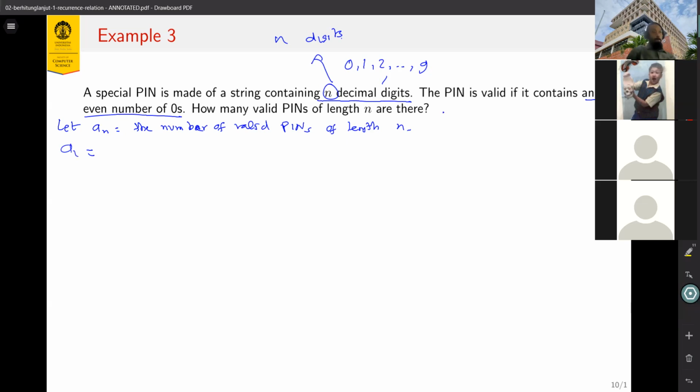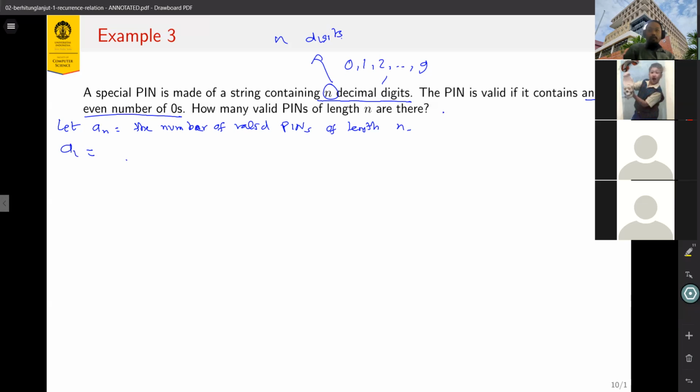Really? Why is it 0? All pins of length 1 are not valid. Is it 9? Yes, actually it is 9.